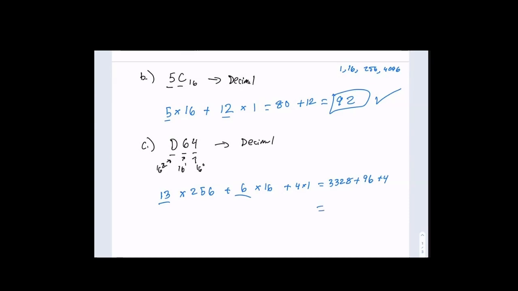And like I said, if you wanted just to go directly from here to here, you don't have to show me what each of these numbers are. If you're just plugging these numbers in your calculator, 13 times 256 plus 6 times 16 plus 4, you can just do it in one fell swoop. After that, you just need to show me what you're multiplying by initially. I get 3,428.